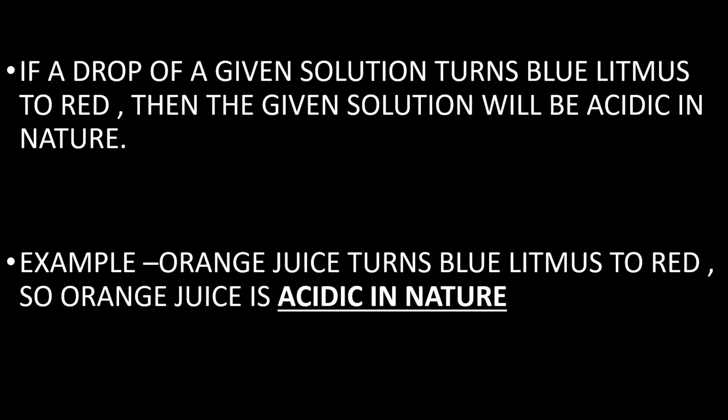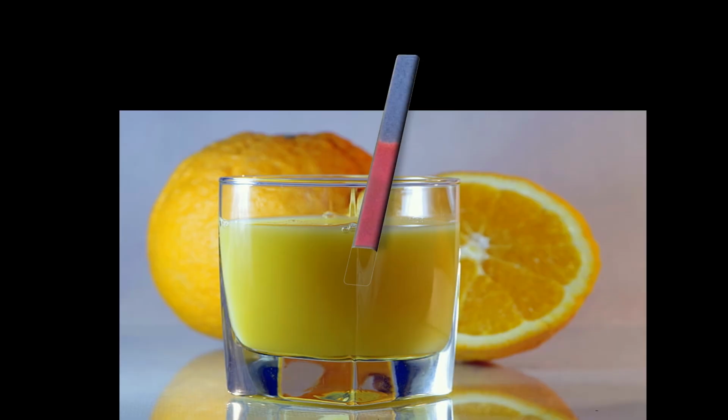You know that in orange there is one weak acid present, and that acid is very weak, so it does not harm us when we eat oranges or drink its juice. So orange juice turns blue litmus to red, so orange juice is acidic in nature.